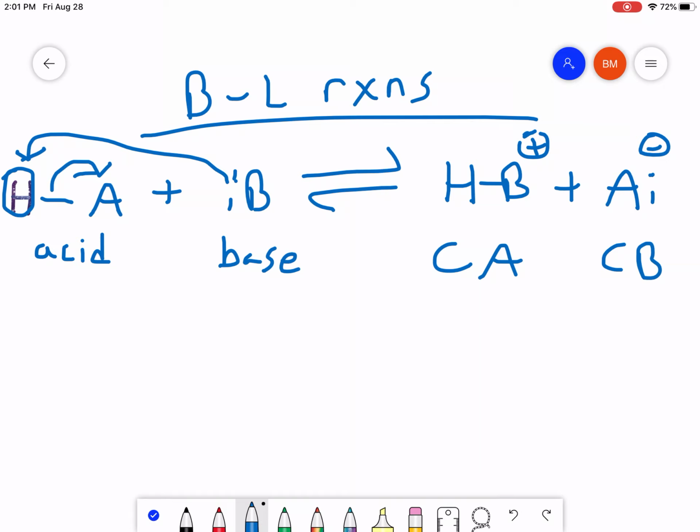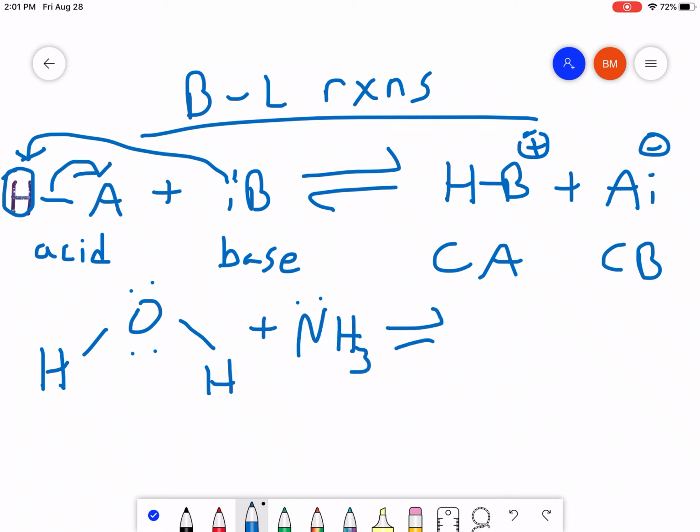If we want to see real examples of this, we could have something like this. We could react water and ammonia, for example. In this case, ammonia acts as the base. I'm just going to write B for base. It's going to grab a proton from the water. These electrons will go to the oxygen.